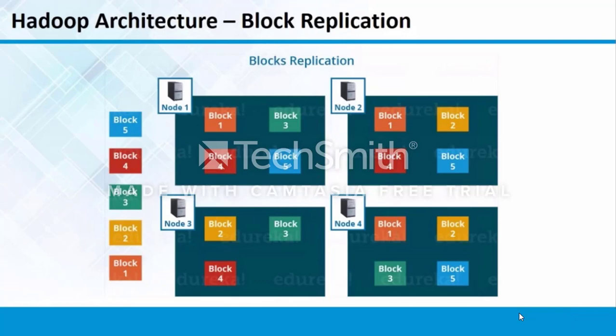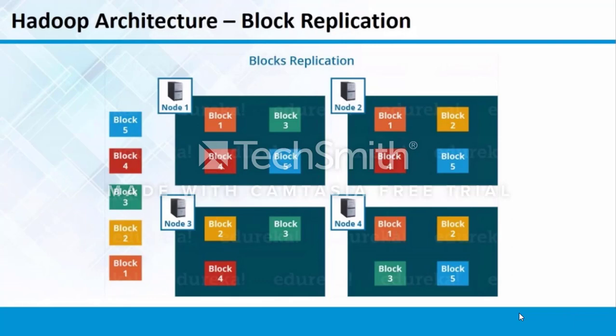Also, block 3 is present in node 1, node 3 and node 4. Similarly, block 4 is present in node 1, node 2 and node 3. And the last block, block 5, again has 3 copies, present in node 1, node 2 and node 4.